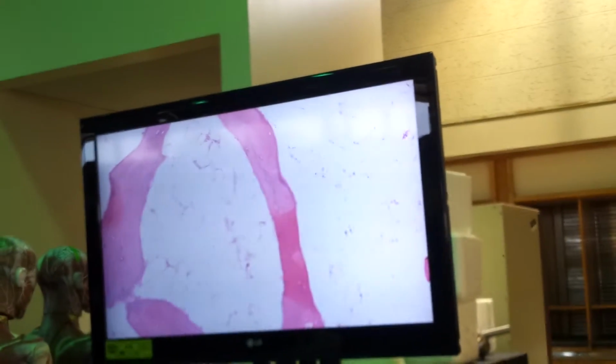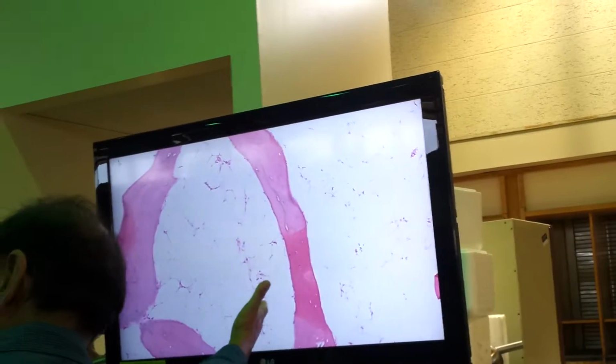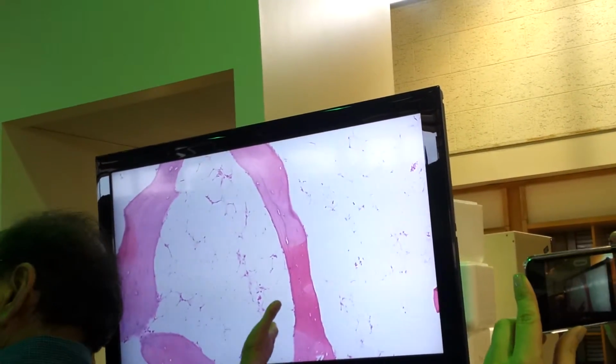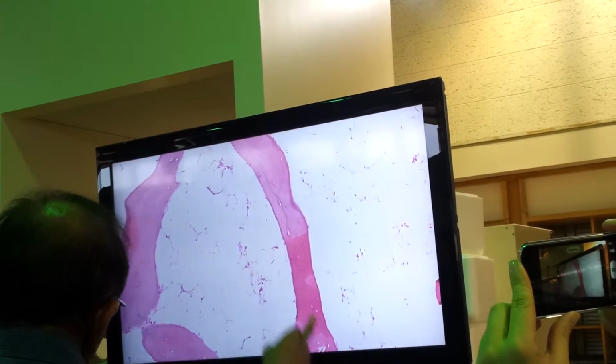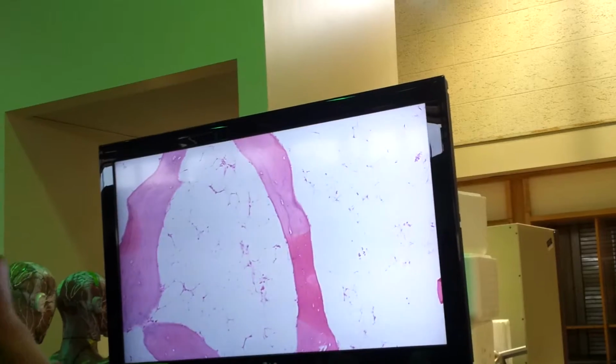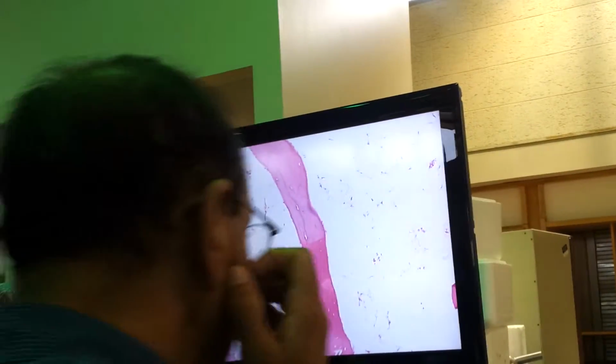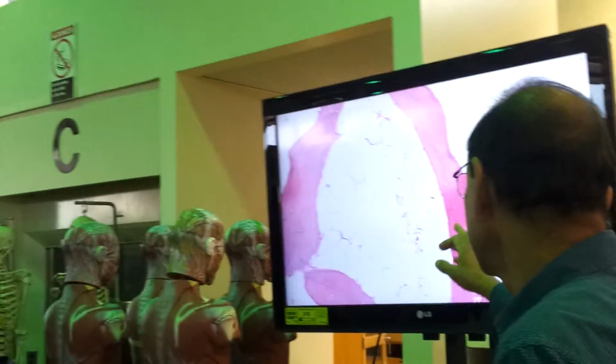Trabeculae. You see these trabeculae here? You see the spaces here, which are filled up with red bone marrow. And what are these things called? No, this is not cartilage. This is bone. Spongy bone.